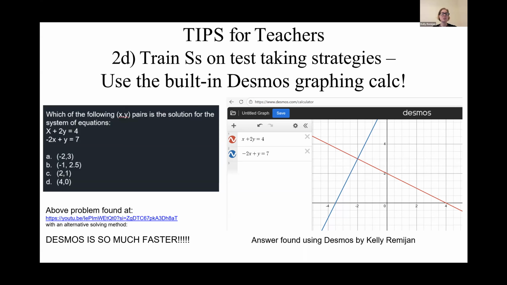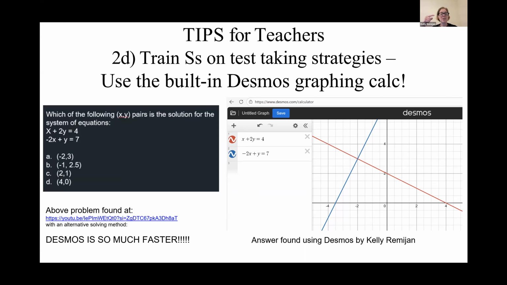Love it so much. And so I'm thinking, again, incorporating Desmos is a game changer. If a student doesn't know how to solve this, as long as they know how to use Desmos, they can get the answer. So now a problem they never got before, they can get just because you've taught them how to use Desmos. Desmos now is a tool.